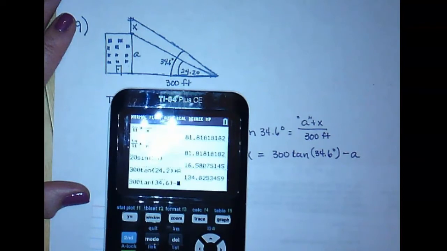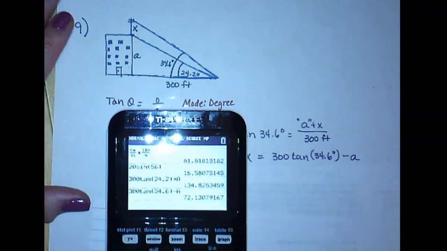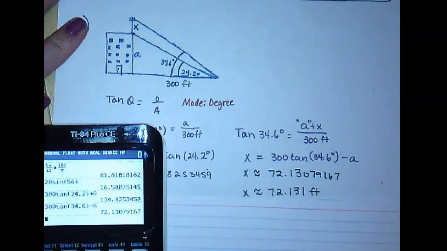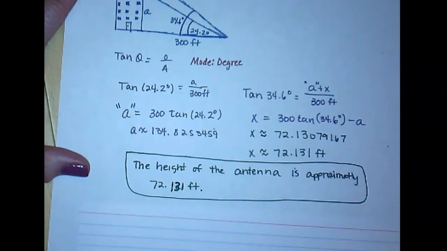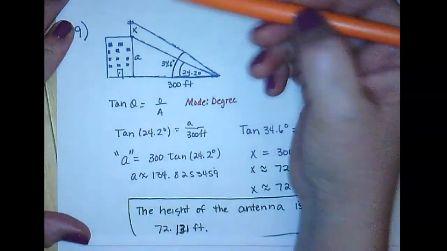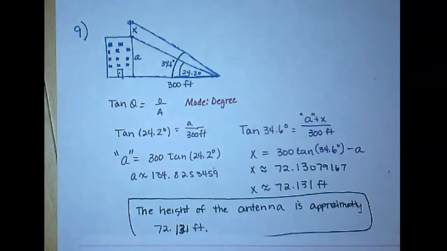And then I'm going to subtract alpha A. And so I already have that stored in my calculator there. So when I hit enter, I get 72.135 feet. And in the context of the problem, the height of the antenna is approximately 72.131 feet. And we're talking this distance from here to here. So that's what we just calculated.